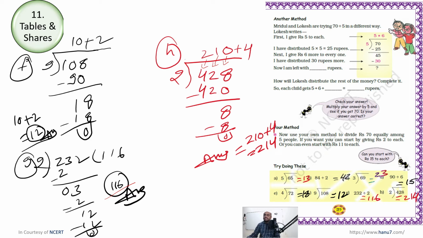So try doing this. I wrote answers for all: a bit, b bit, c bit, and then d bit, e, f, g and h. As soon as I did them here, I put the answers there. I didn't keep the animations here because it is a tedious process for me, so I couldn't do that.